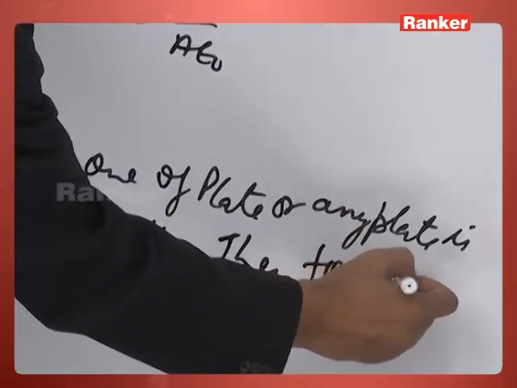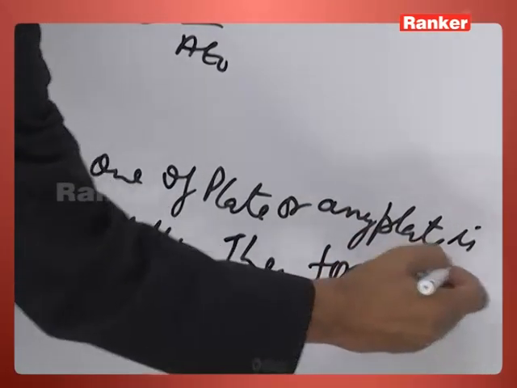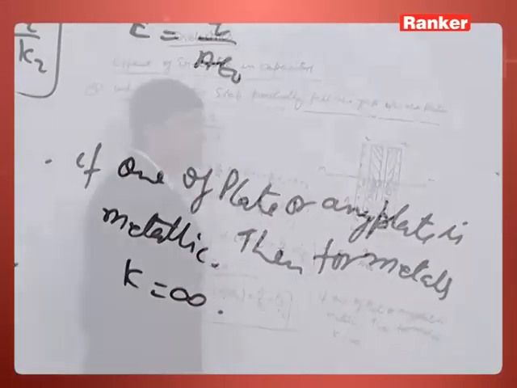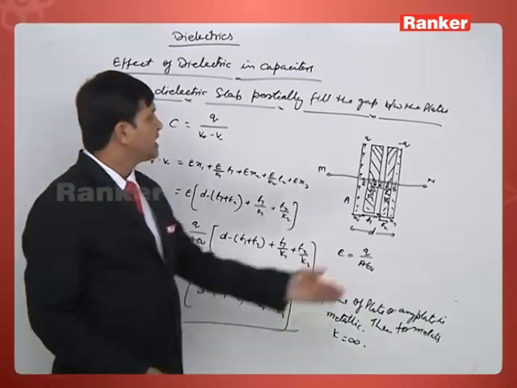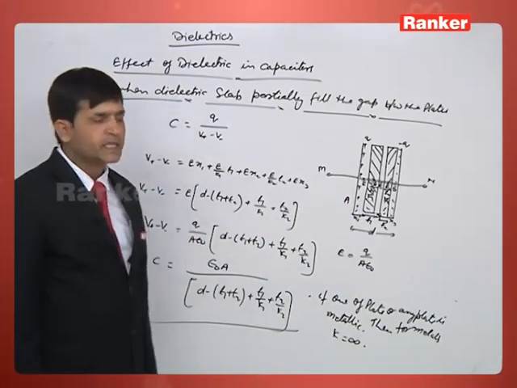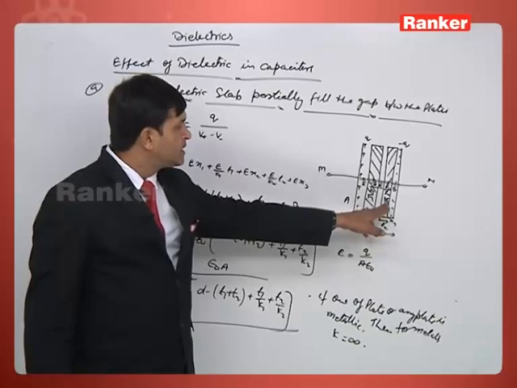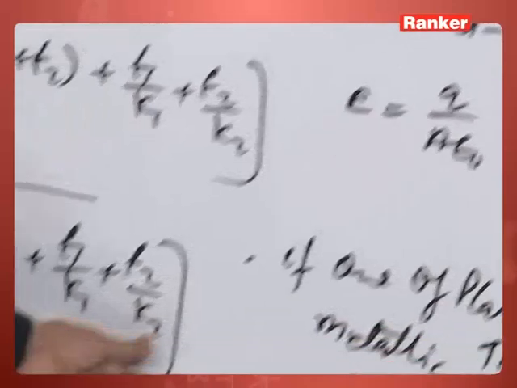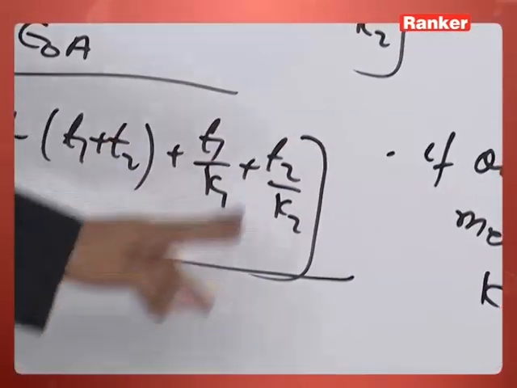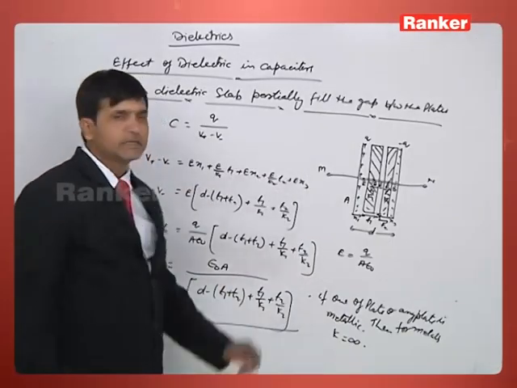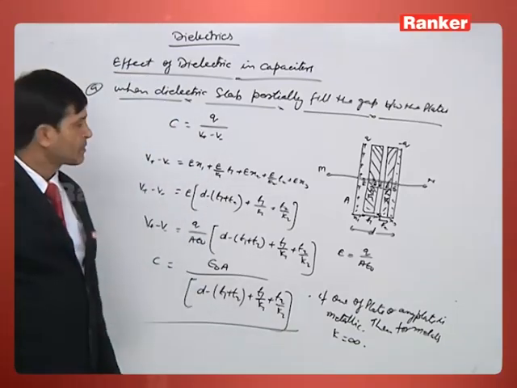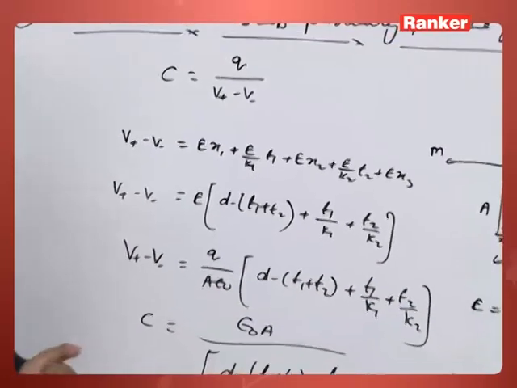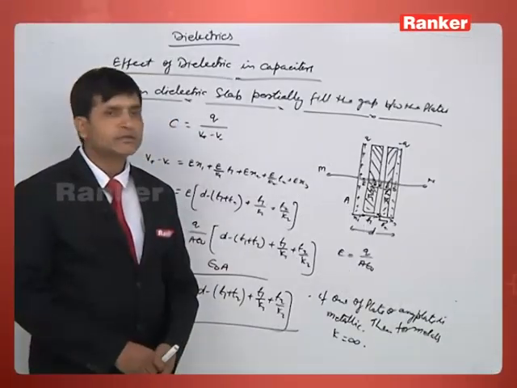So suppose it is given, for example, that the second plate is a metal plate. Second plate means this T2 thickness, just put the value of K2 as infinity. So here you will get a 0 value, then the rest of the relation will remain as it is. So this is the effect when a dielectric slab partially fills the gap between the plates.